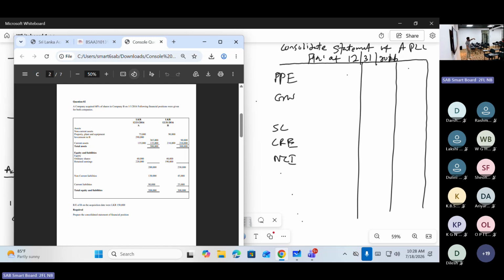As at that date, you compare the consideration with the net assets.